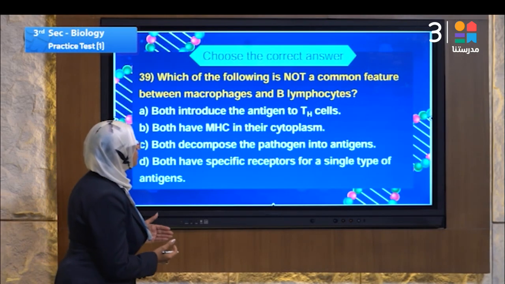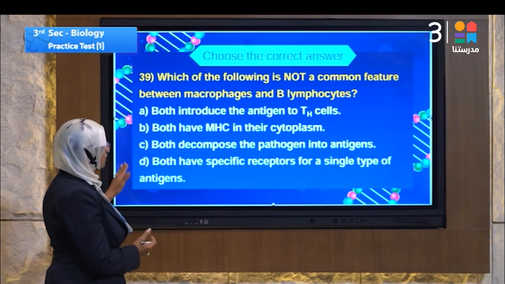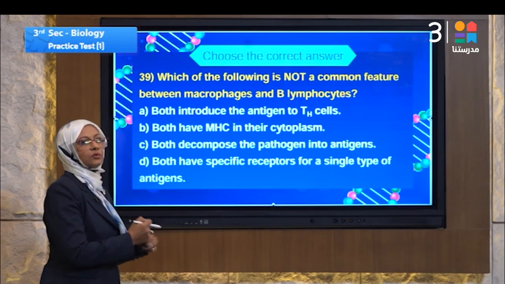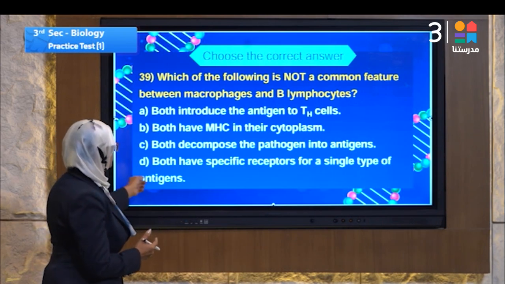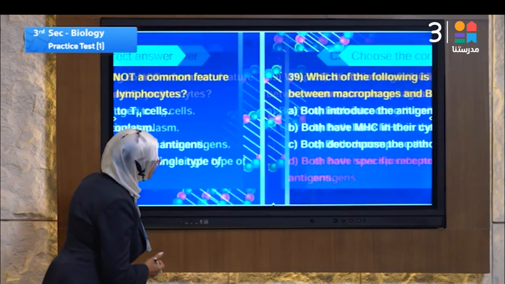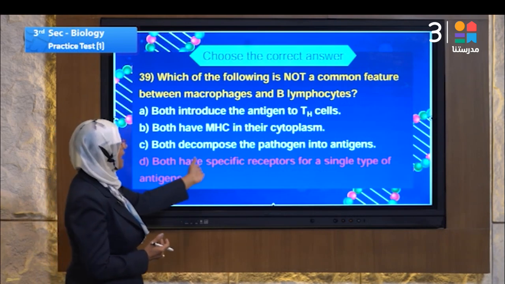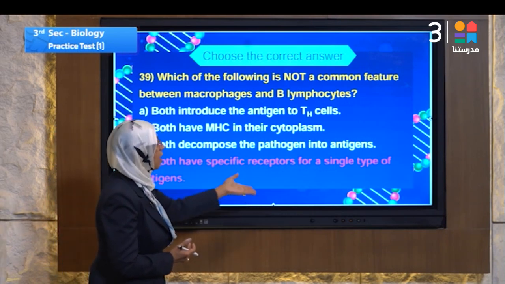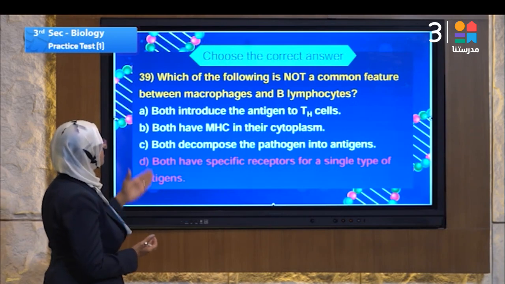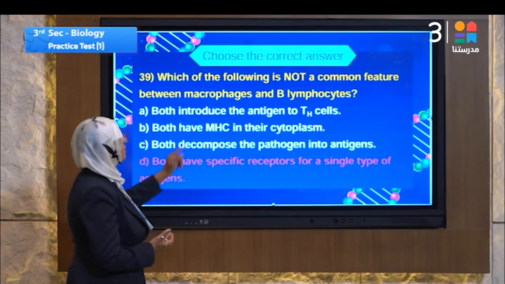Both of them decompose the pathogen into antigen, that means translate it into antigen. Okay, D, both of them have specific receptors for a single type of antigen. The answer must be D, because macrophages are different from B lymphocytes in the receptors.